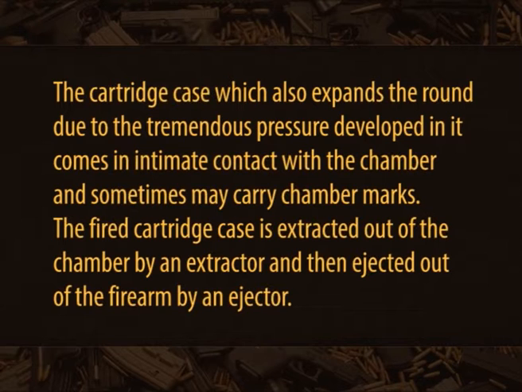The fired cartridge case is extracted out of the chamber by an extractor and then ejected out of the firearm by an ejector. In this process, both the extractor and the ejector are likely to leave marks on the cartridge case.